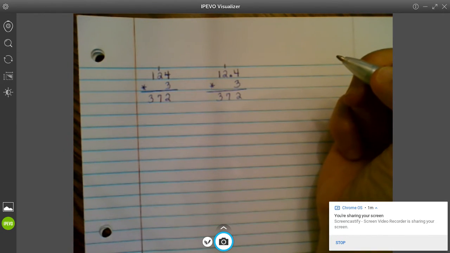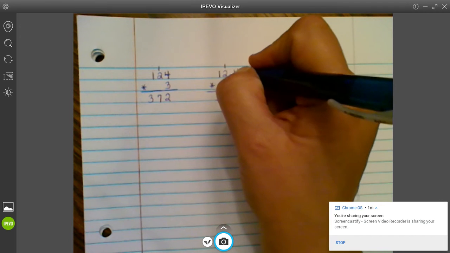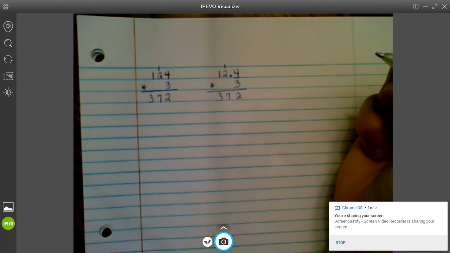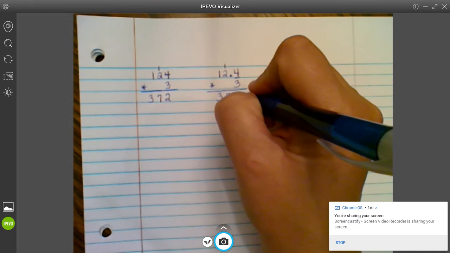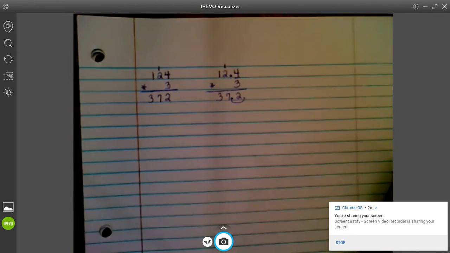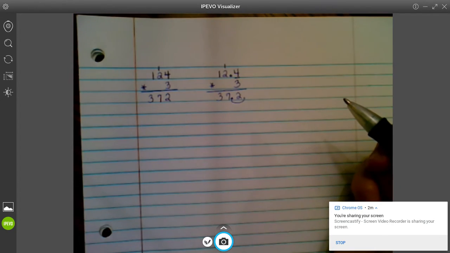So now what we have to do is look at how many place value spots are behind the decimal, how many numbers. And we have 1 spot right here. So we're going to move our decimal 1 spot from the back, because in a whole number, it's always hiding back here in the back.